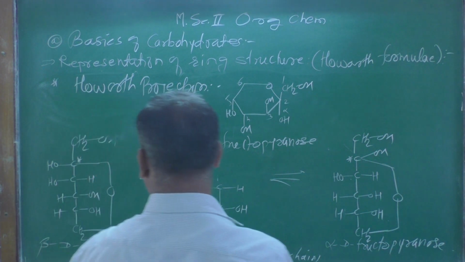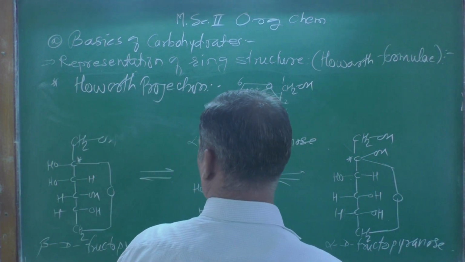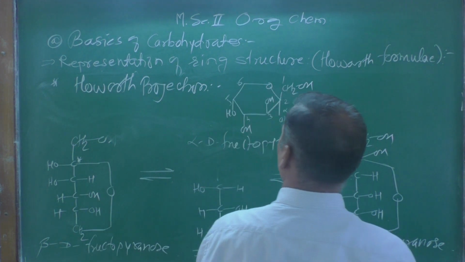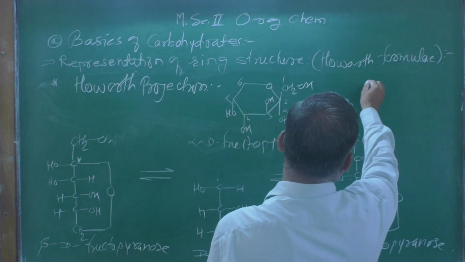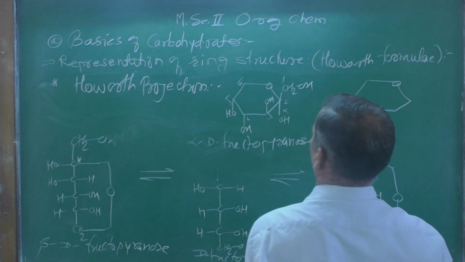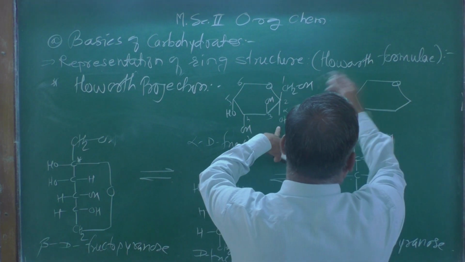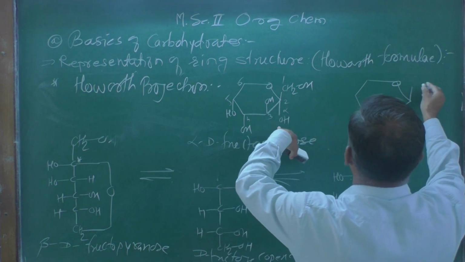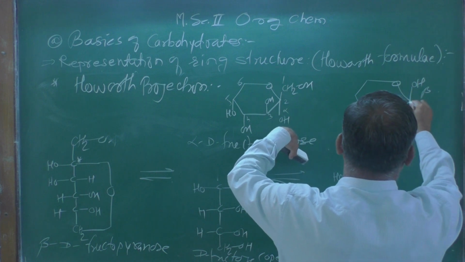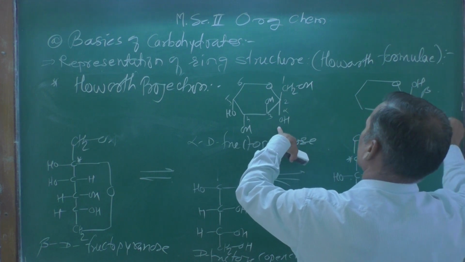Let us draw the structure of beta D fructopyranose according to the Haworth projection formula. Again let us see this structure. So we can write like this. Now it is the reverse of this. Here you can write OH above the plane, the beta side, and then CH2OH.